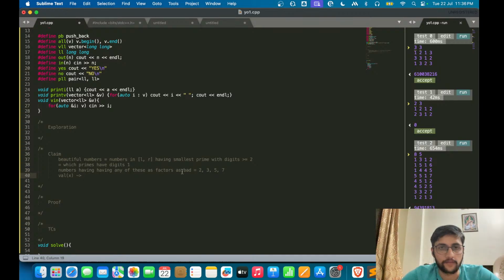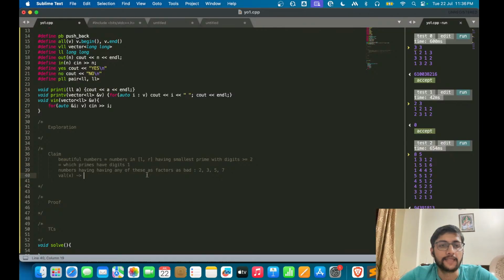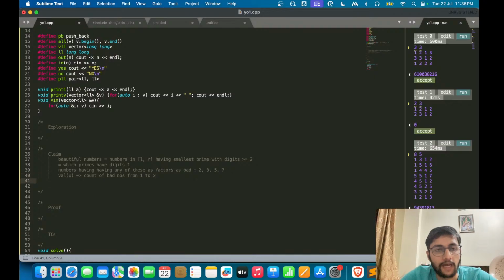So val x is a function that will give you the count of bad numbers from 1 to x. Then what will be the count of bad numbers in range L to R? This will be simply val of R minus val of L minus 1.